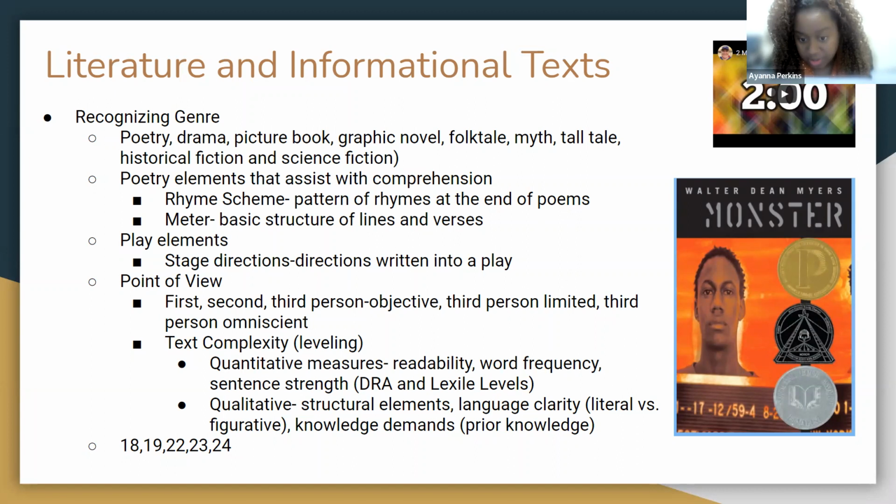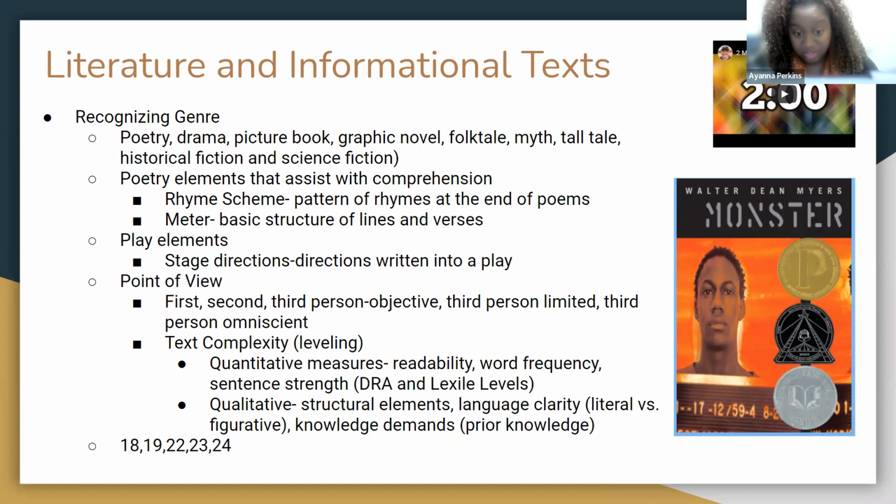Point of view is also important because a student has to understand what point of view the story is written from. So we have first, second, third person objective, third person limited. I won't go over first, second, but I will go over third person objective. That is where, as you're reading, it is some voice that is telling a story.